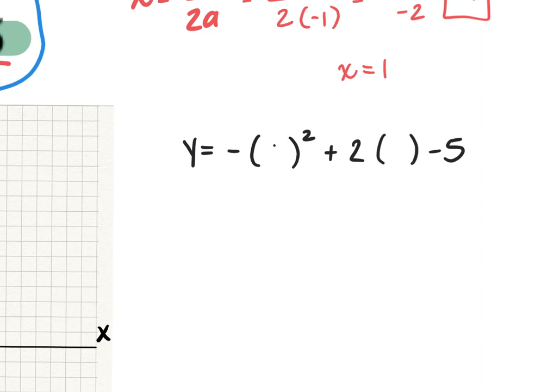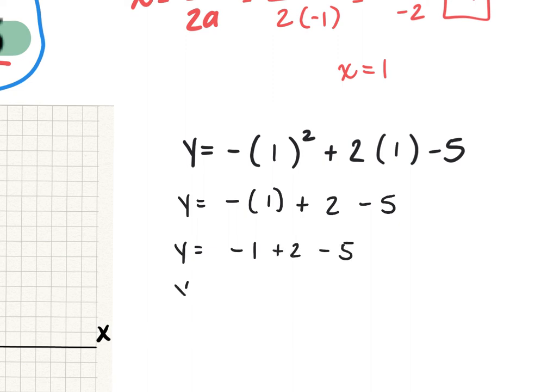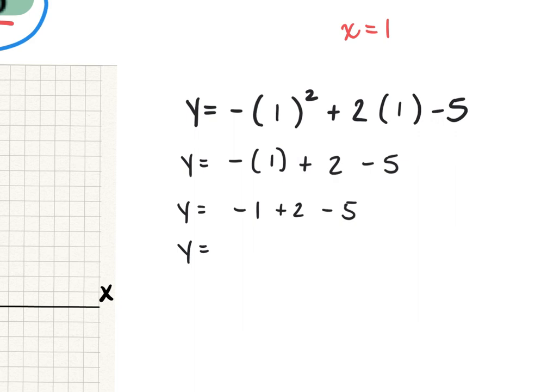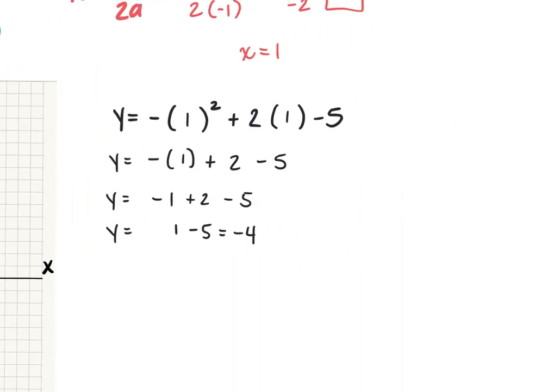Wherever I see a parentheses, I'm plugging in 1 for x. So I've got y equals negative, 1 squared is just 1, plus 2 times 1, which is 2, minus 5. So y equals negative 1 plus 2 minus 5. Y equals negative 1 plus 2 is just positive 1 minus 5, and I get negative 4. So the point on my graph, that is my vertex, is the point 1, comma, negative 4.